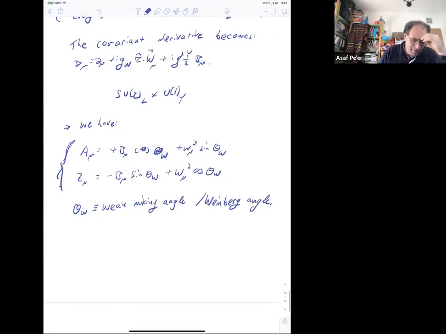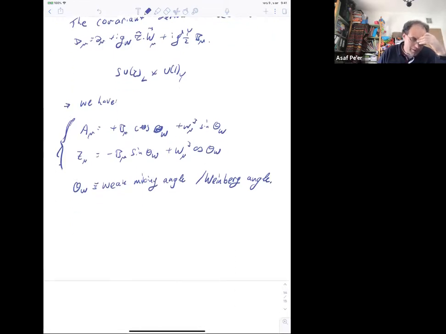Let me just do one more thing. Using this Weinberg angle, we can write down the fermionic currents associated with the photon and with the Z boson.